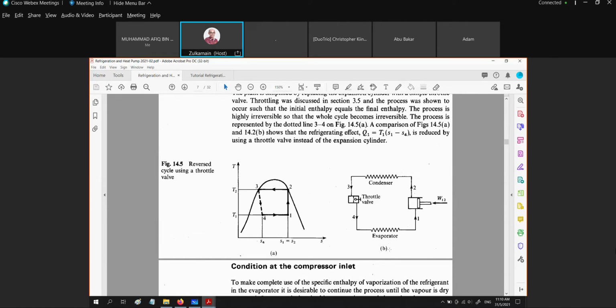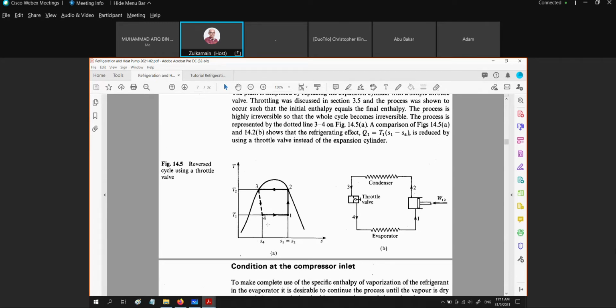Okay, and for the throttle valve process, from the SFEE, the steady flow energy equation that we apply for the throttle valve, assuming there's no heat transfer, adiabatic, and no changes in kinetic and potential energy, then we have H3 is equal to H4.